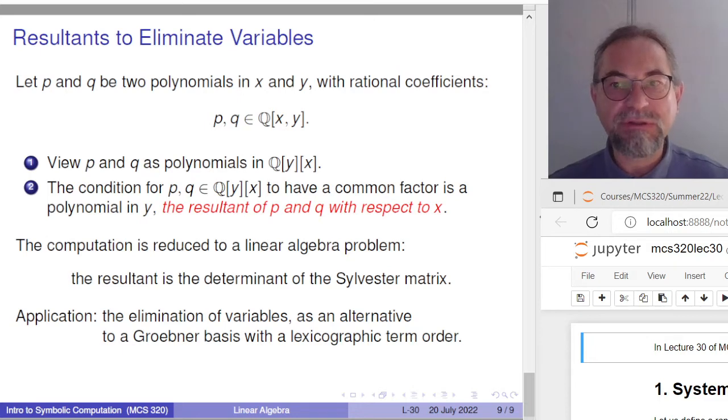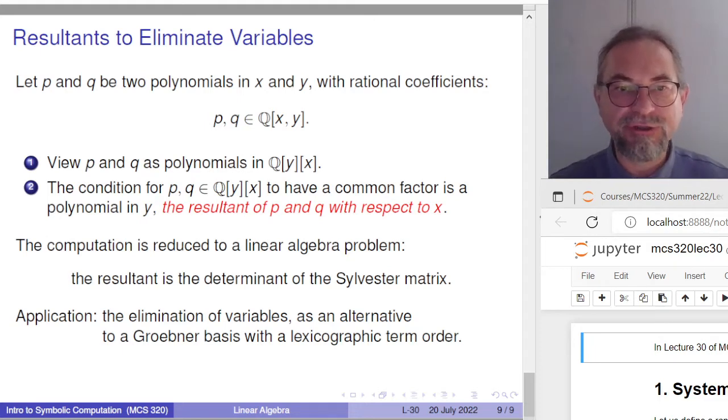To make a resultant, you view your polynomials as polynomials in one variable, and then you ask for a condition on the coefficients of these polynomials in the leading variable. So here we look at polynomials in x with rational coefficients as polynomials in y.